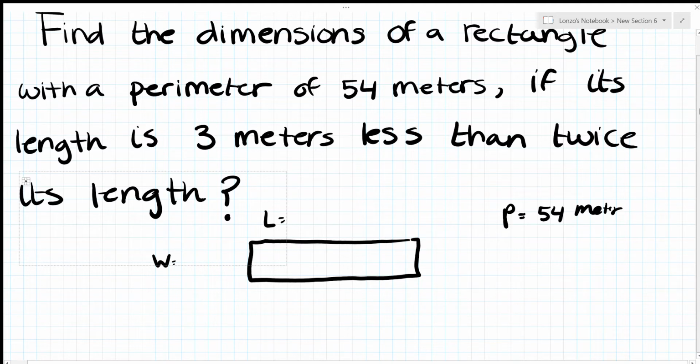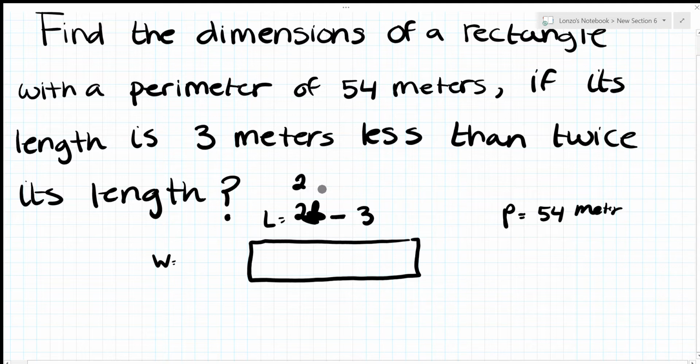How do we write that? 3 meters less. We know less means subtraction, right? So we're going to put a minus here. 3 meters less is a minus 3, then twice its width means 2 times W, so it's 2W.